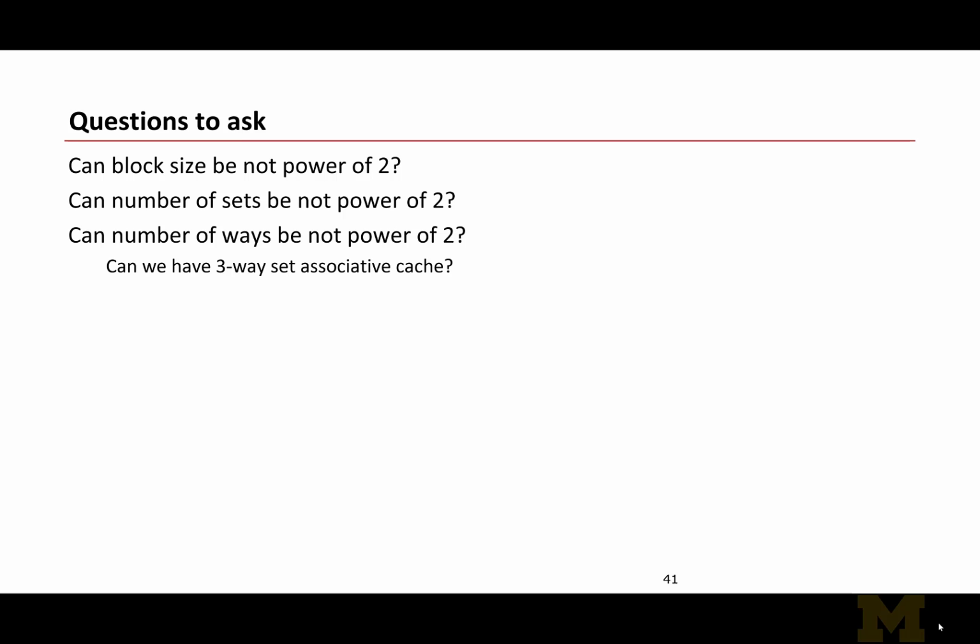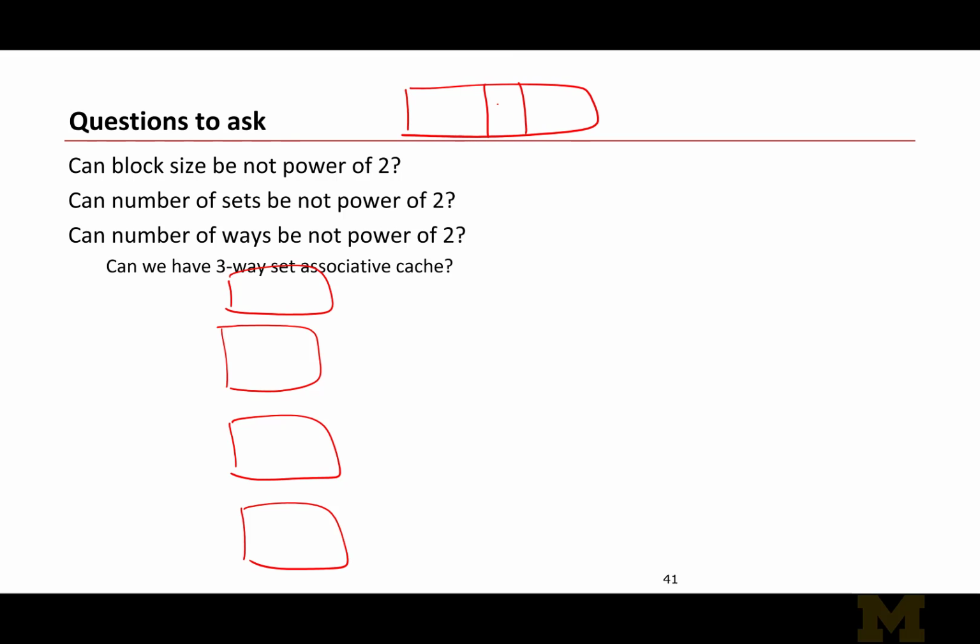The way to think about it is, let's say I had 4 sets, which means I would have defined the number of bits in the set index to be 2.